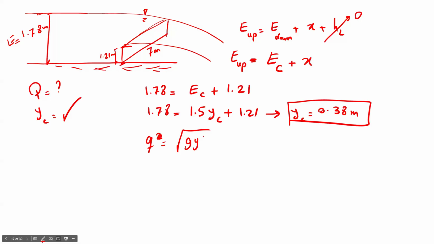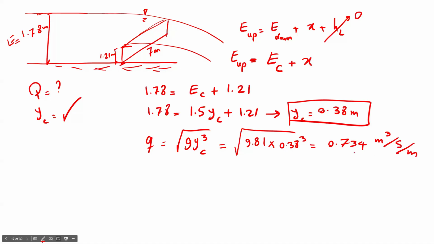Sorry, not Q, it's C. With g equal to 9.81 and YC, you have a discharge of 0.4 cubic meter per second per meter, because it's not the discharge, it's discharge per width.